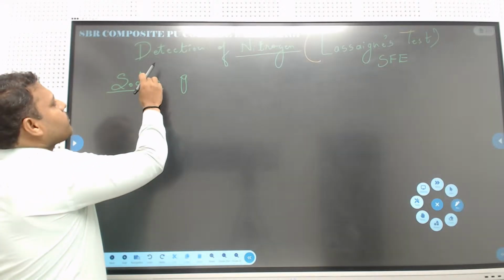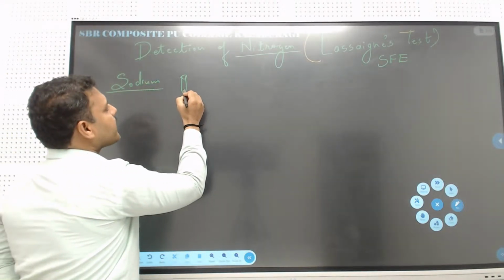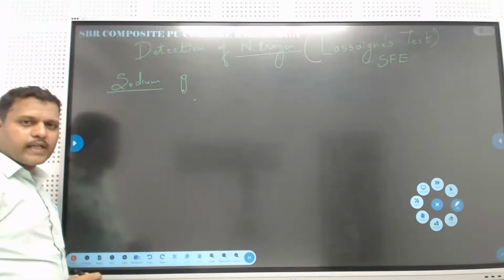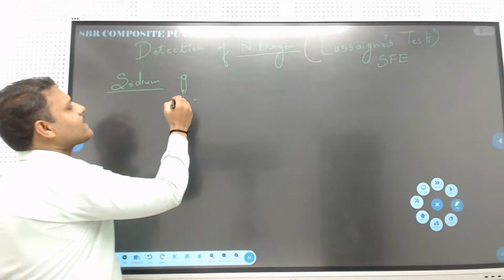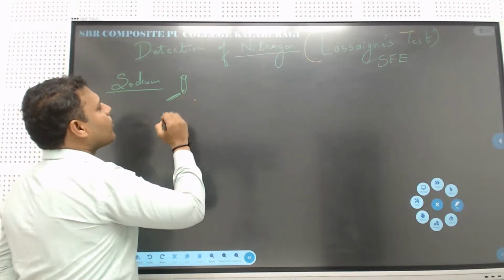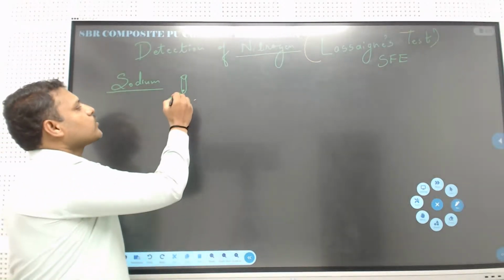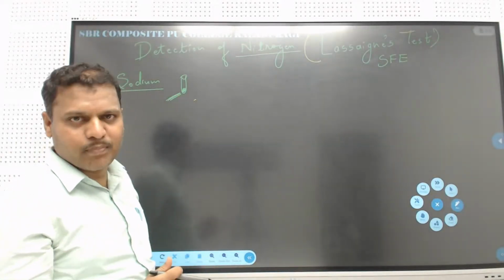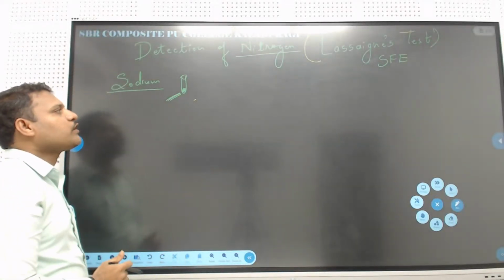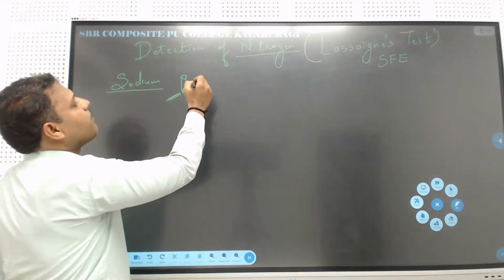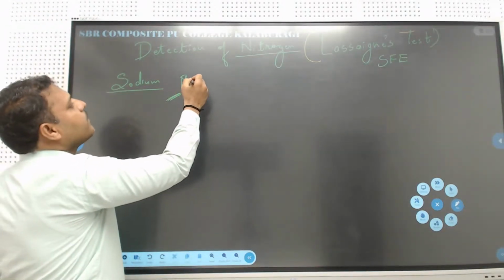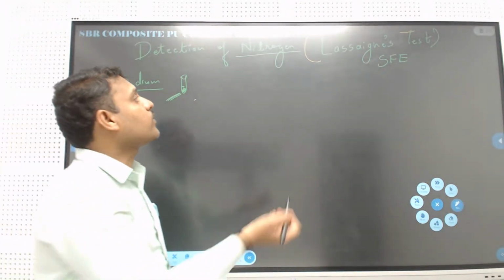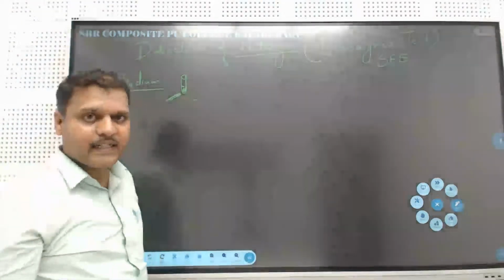Initially, a small pinch of sodium metal is taken in this fusion tube, and it is gently heated on a Bunsen burner, where the sodium metal will be converted into a shiny globule like appearance. At that instant, with the help of forceps or a spatula, we add a little amount of the organic compound for which nitrogen is to be detected.